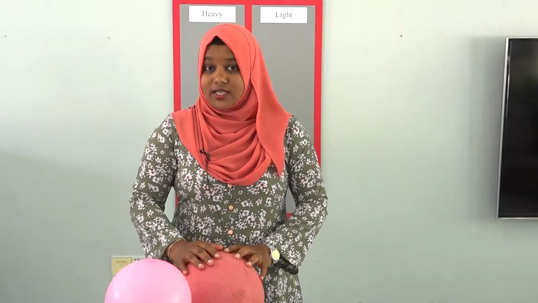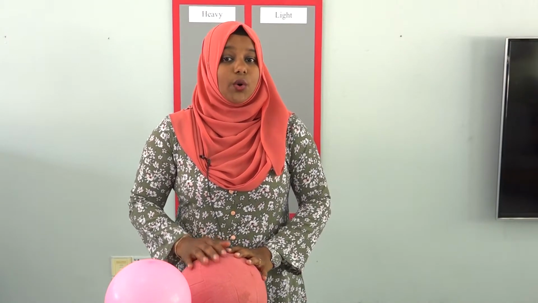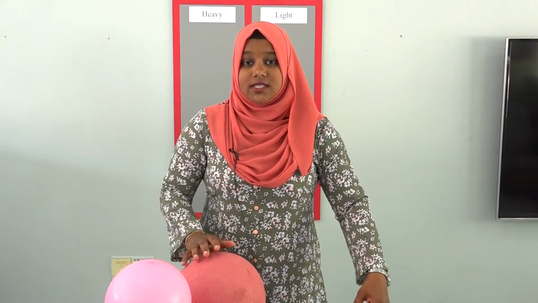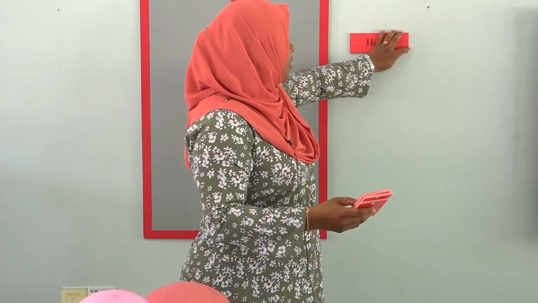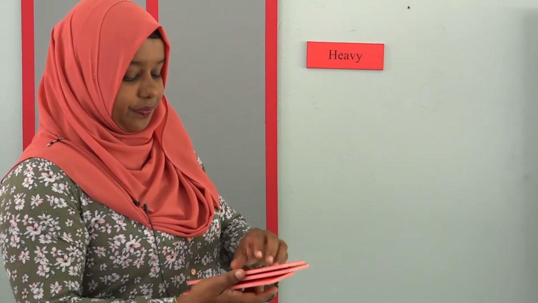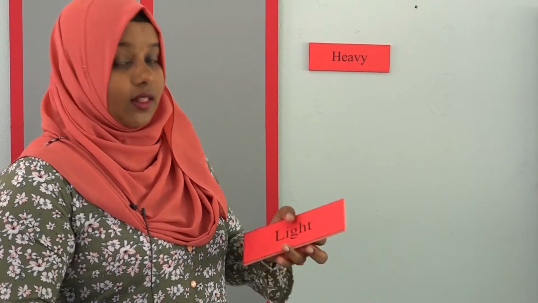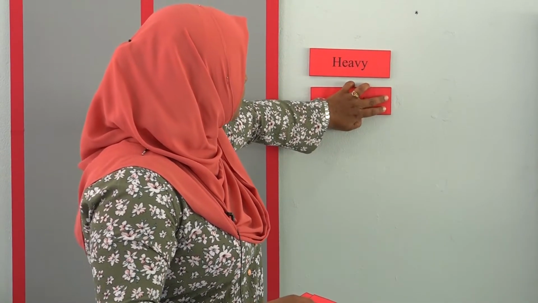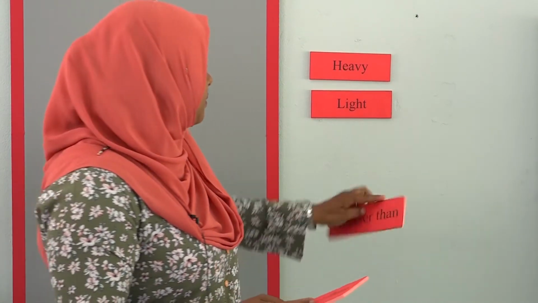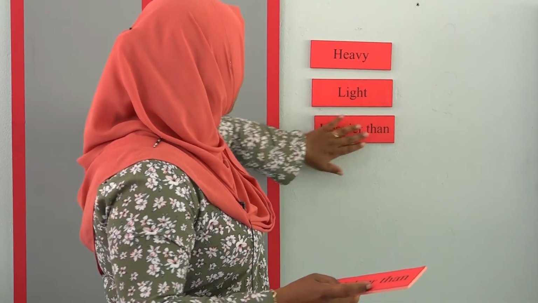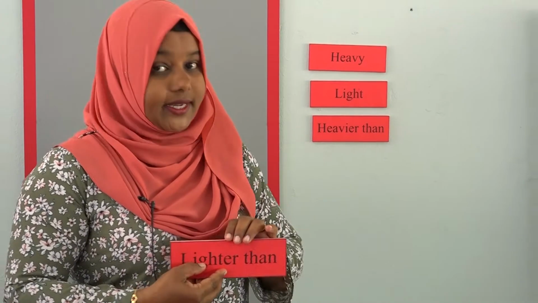Yes. So for today's lesson, we are going to learn how heavy or light some objects are. Today, there are some keywords that you will be learning. Those keywords are heavy, light, heavier than, and lighter than.